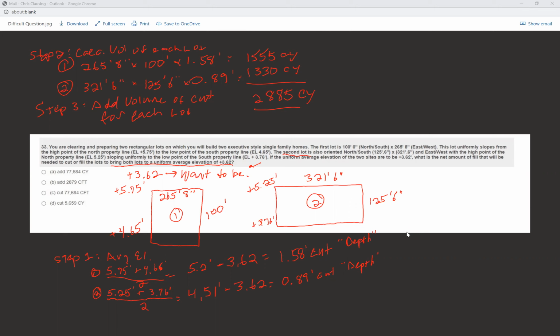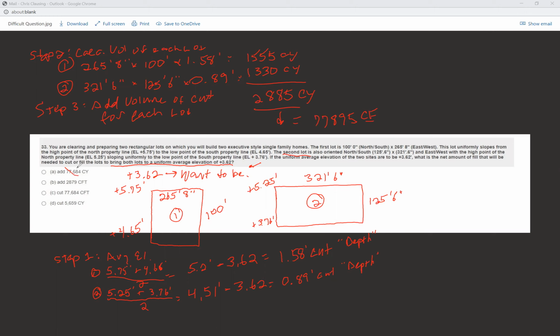So I want to just click feet. So in cubic feet, I have 77,895. So that's okay. Let me just write that down. So this is the same thing. This equals 77,895 cubic feet.